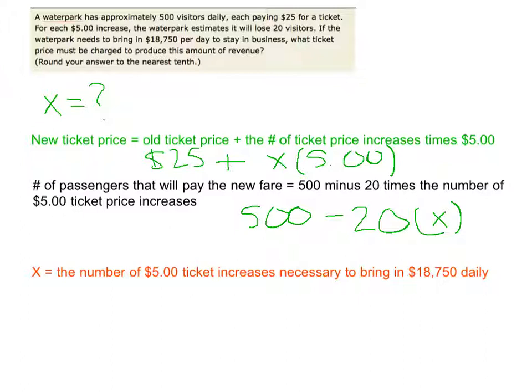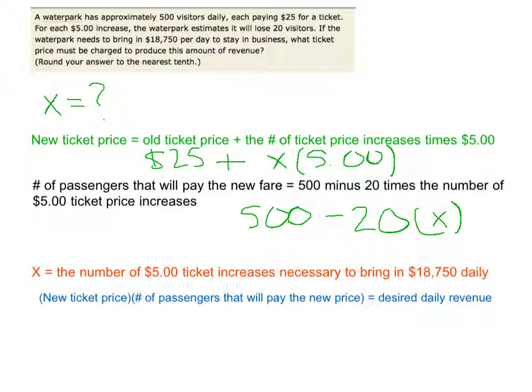Now we can form an equation that will help us solve this problem. We know that the new ticket price times the number of passengers that will pay the new price should equal our desired daily revenue.